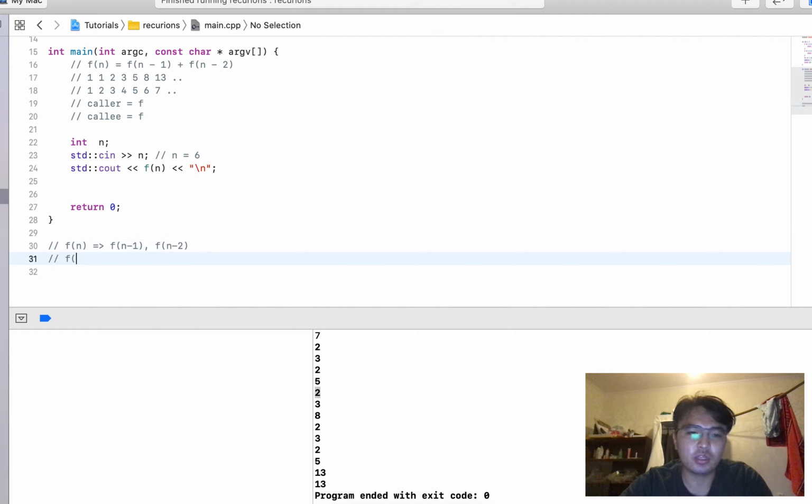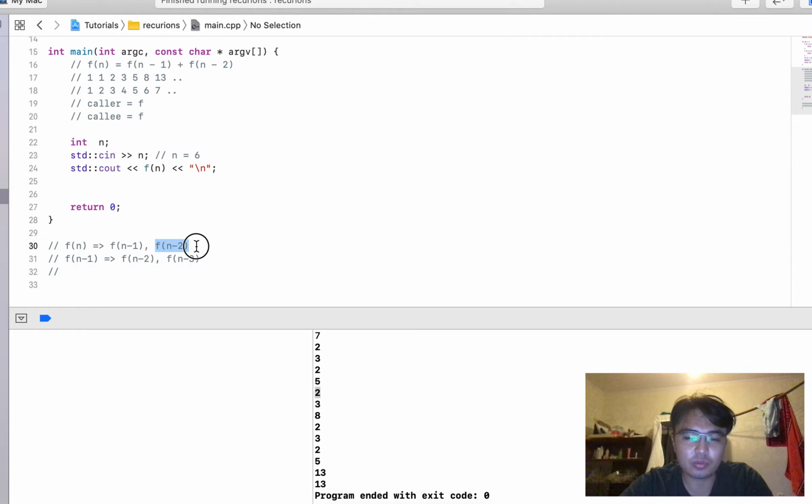Then fn minus 1 is going to call fn minus 2 and fn minus 3.